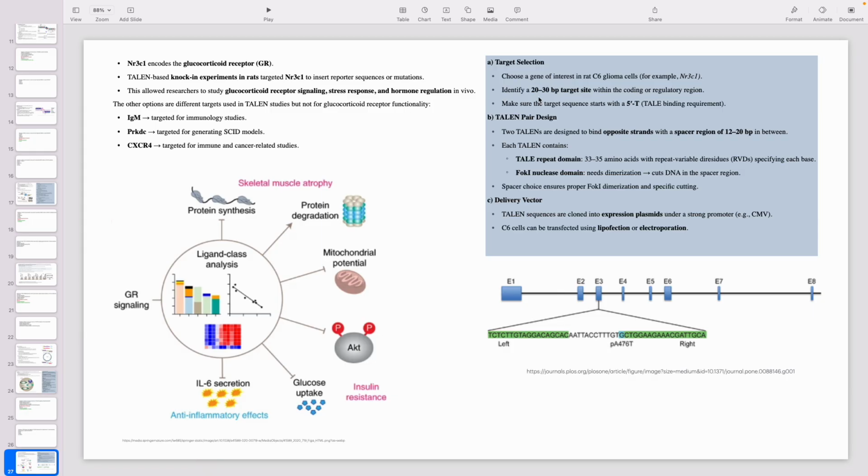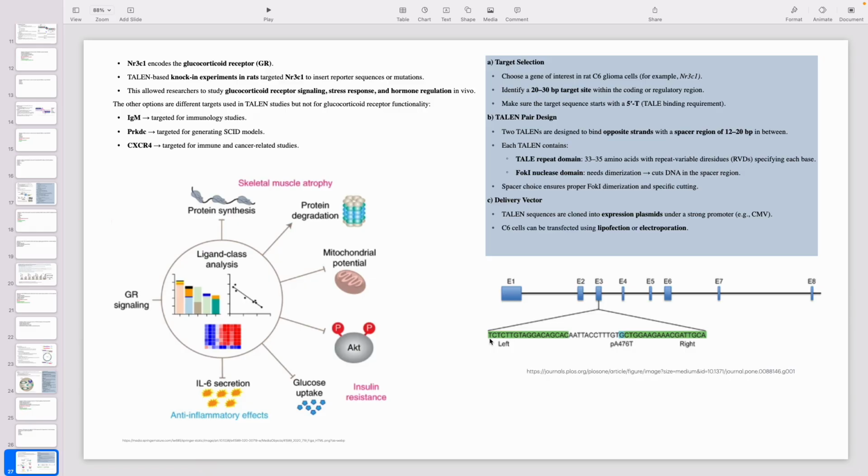They identified a 20 to 30 base pair target site within the coding or the regulatory region. So this could be either a regulatory region or a protein coding region. They made sure that the target sequence starts with a 5 prime T. This is the requirement for TAL binding.